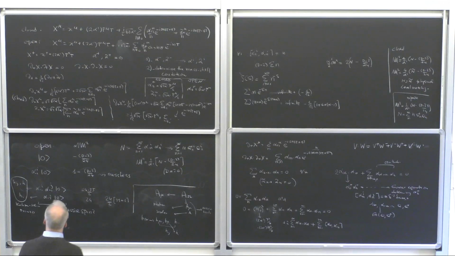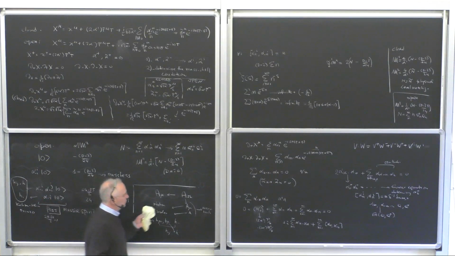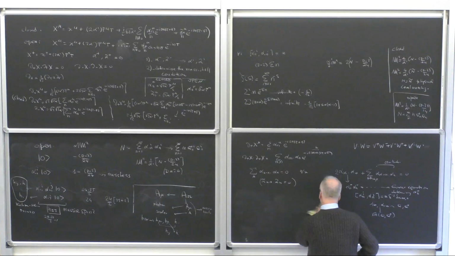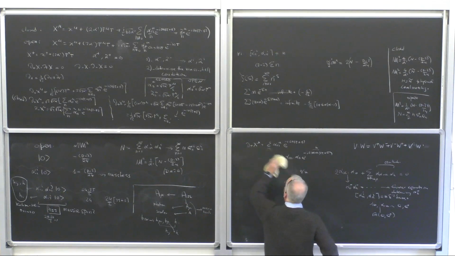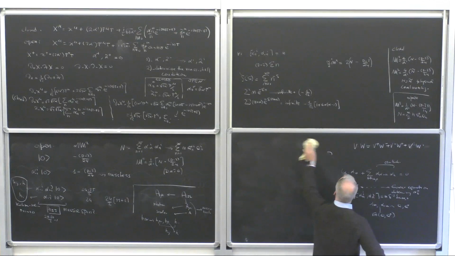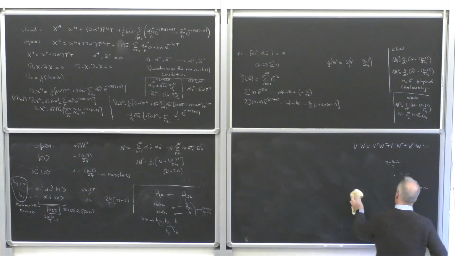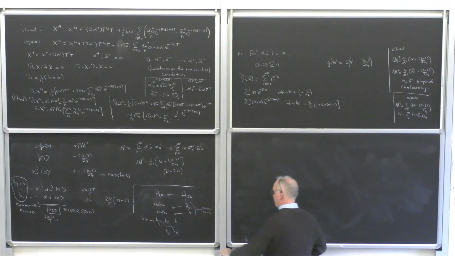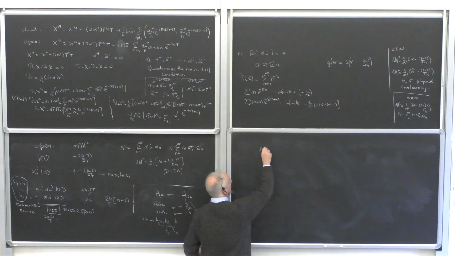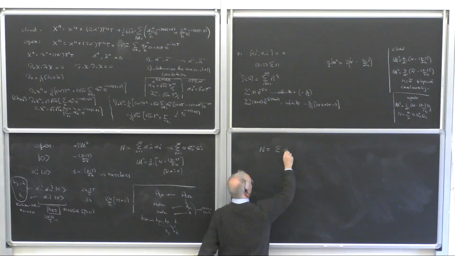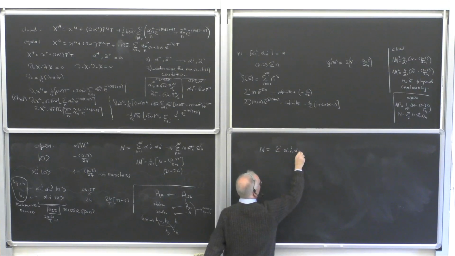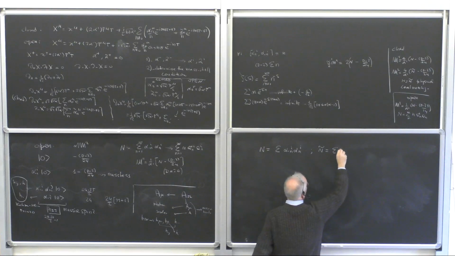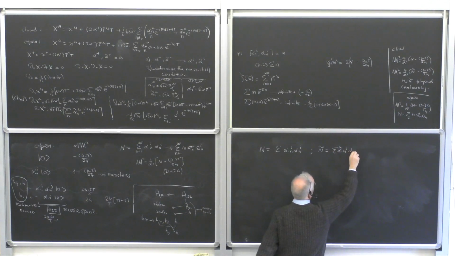But now, if we repeat the exercise for the closed string, so let me do the closed string now. For the closed string, what happens? You have two conditions, because you have this level matching condition in addition. So for the closed string, you have N, which is the sum of alpha minus ni, alpha ni, and N tilde, which is the sum of alpha tilde minus ni, alpha tilde ni.